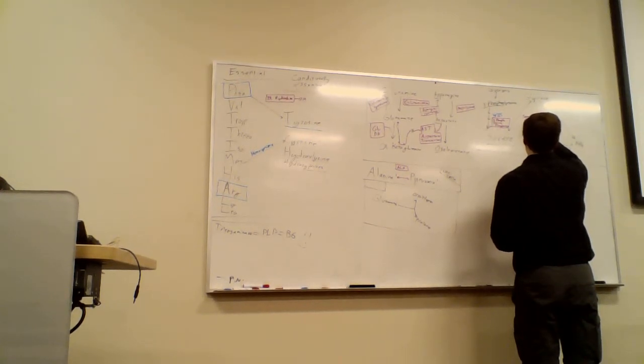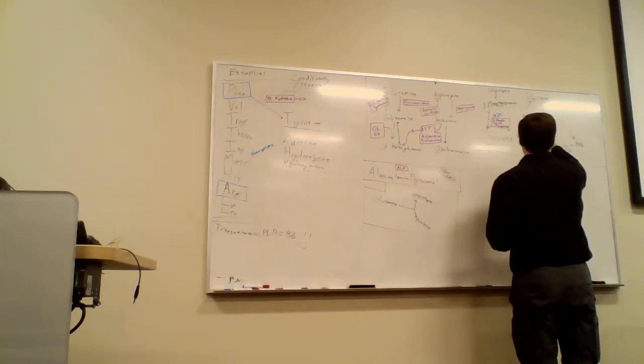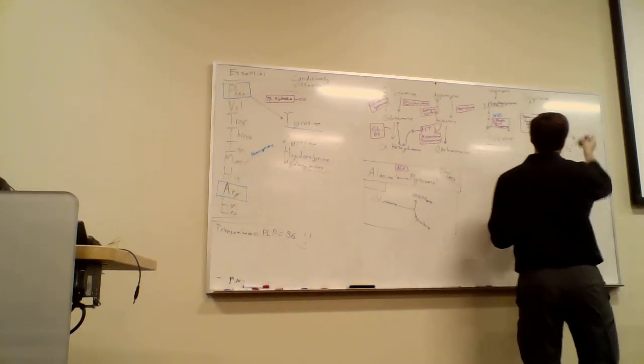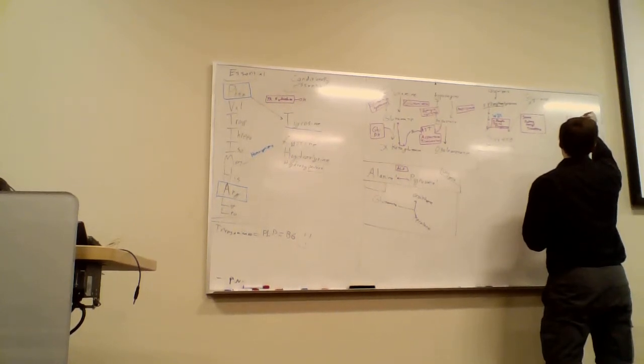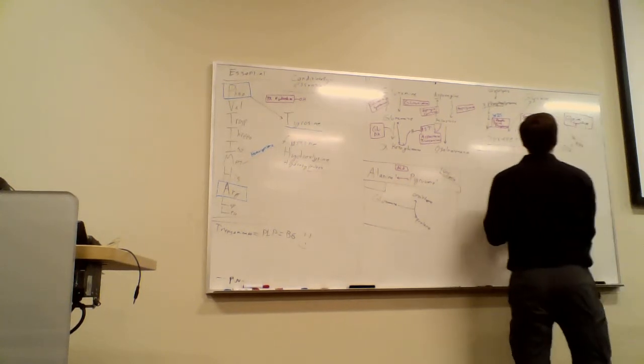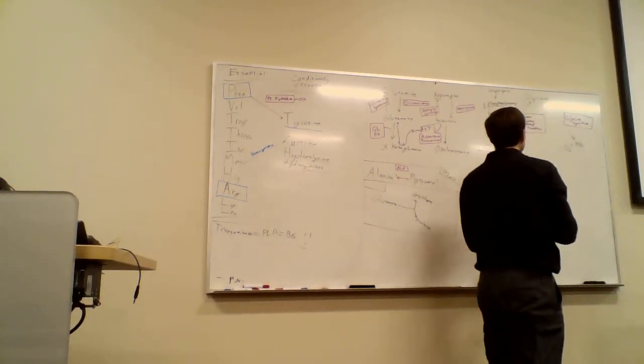I would add that one in for sure. And that also uses PLP, guys. And then this one's glycine synthase, excuse me, also PLP. And both of those are bidirectional.